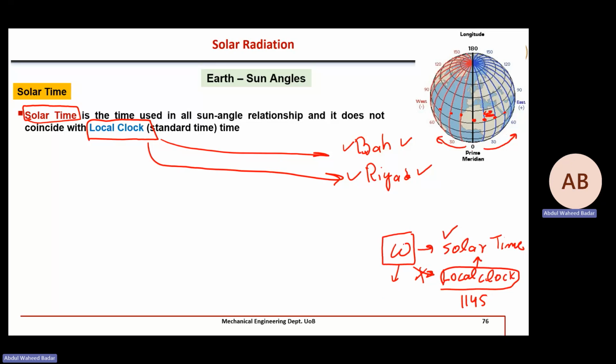So that should refer to the solar time, not clock time. So I should check the difference between the local clock time and the local solar time. That difference is taken care of by defining an equation, which we will see in this part.